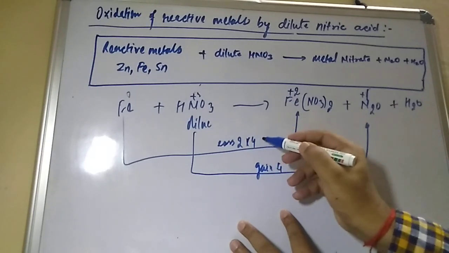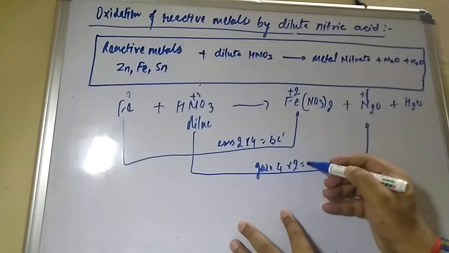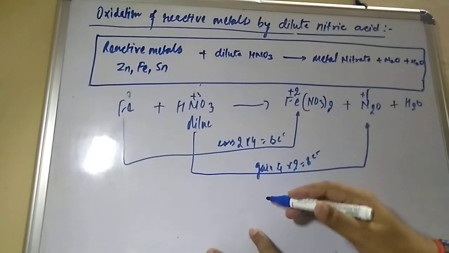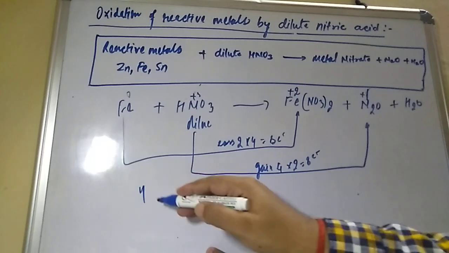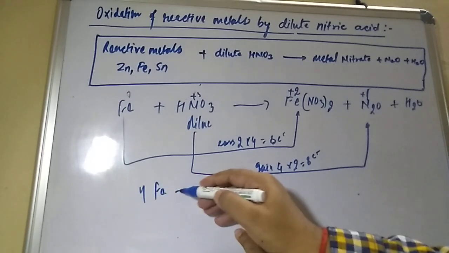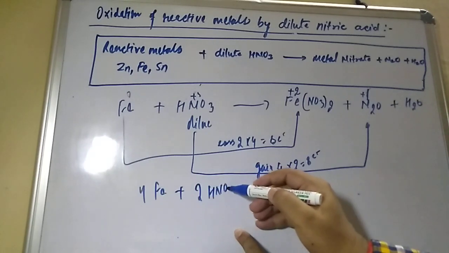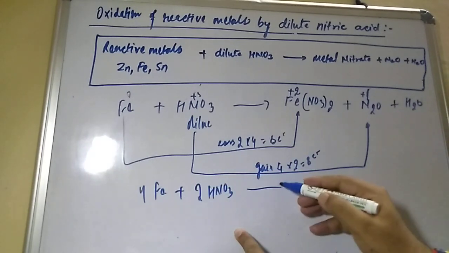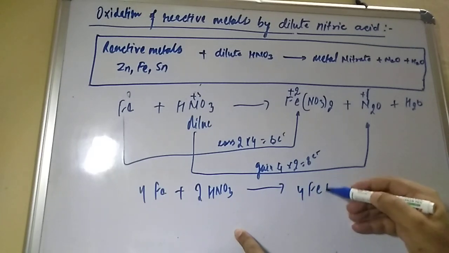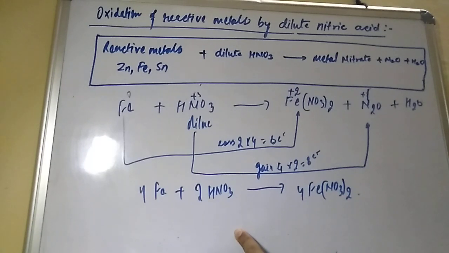If you multiply by 4 you get 8 electrons, and if you multiply by 2 you also get 8 electrons. So directly we write 4 Fe, treated with 2 HNO3, giving 4 Fe(NO3)2 plus N2O plus water molecule.